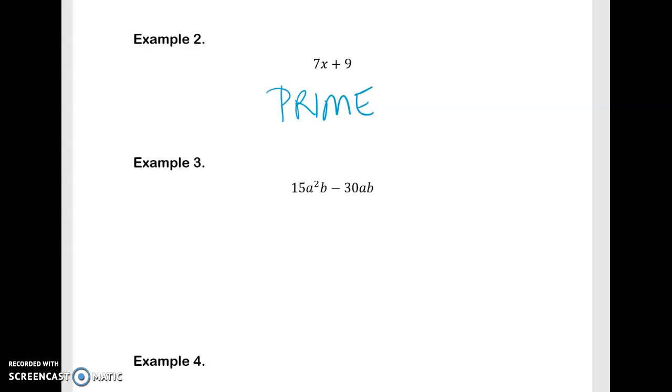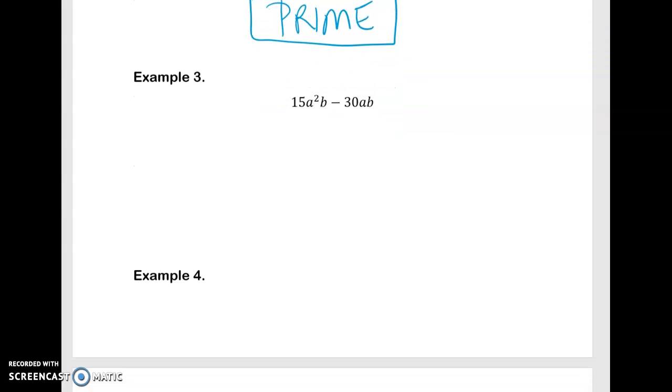And if we had a 7 and a 9, but 9 had an x, then you could pull out an x. But in our case, 9 does not have an x. 7 and 9 are relatively prime, so the final answer would be just to write they're prime, and that's as good as it's going to get.